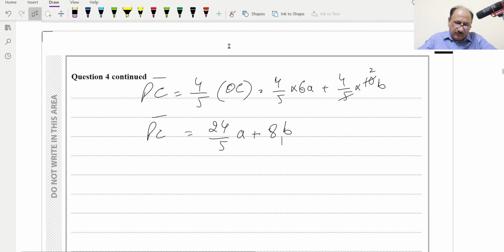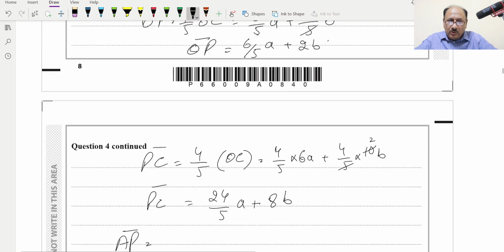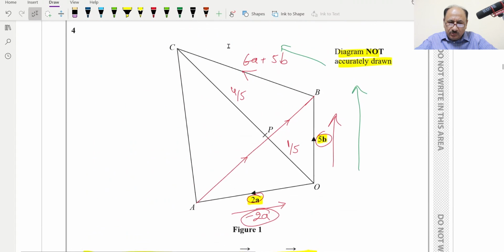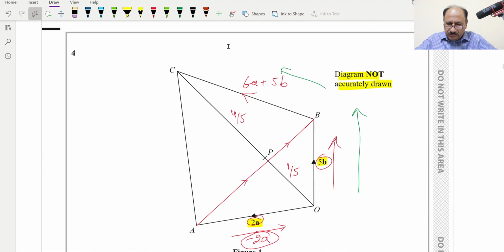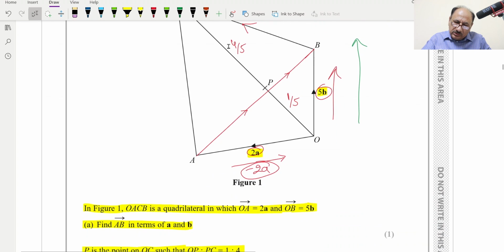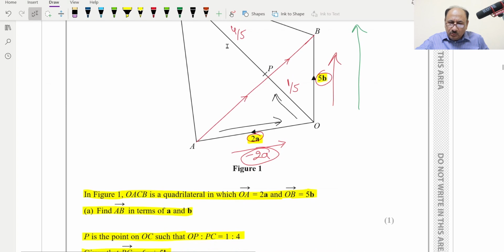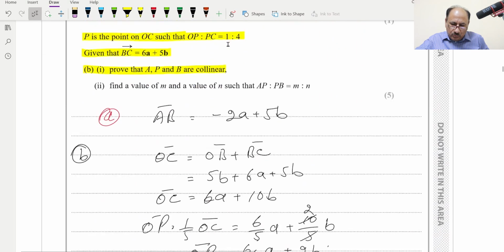Then we can find AP. AP is equal to AO plus OP.